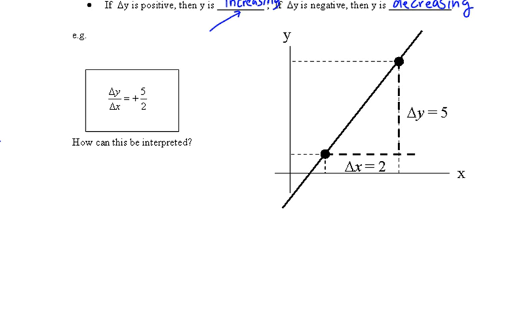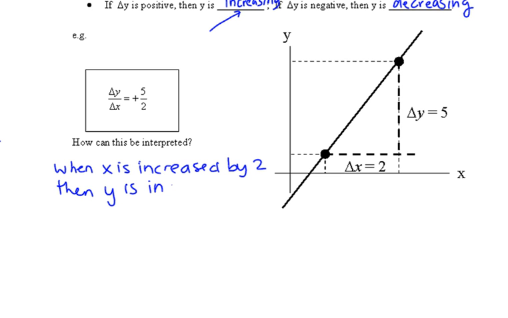So when x is increased by 2, then y is increased by 5. So this I'll review right now, right? Some new terminology.